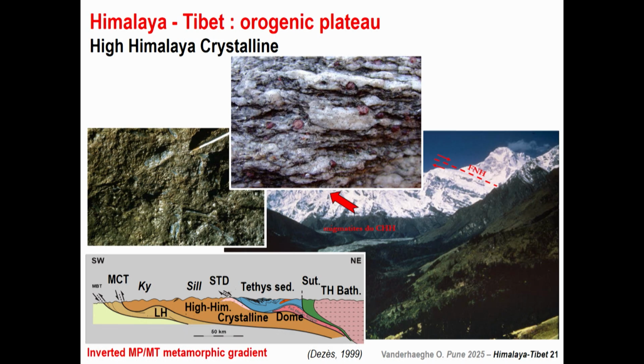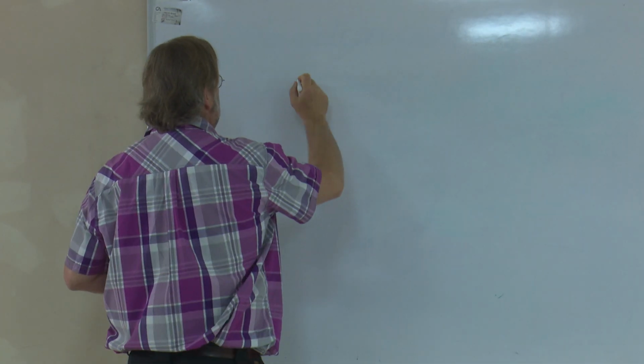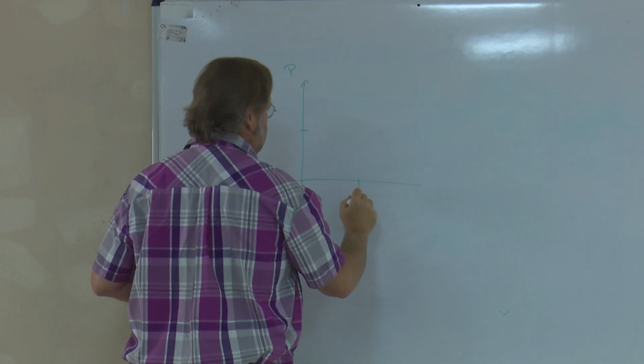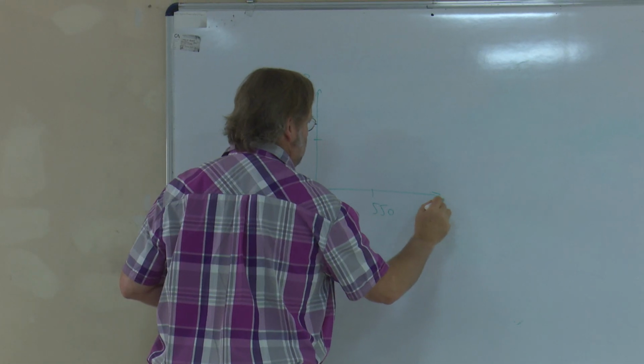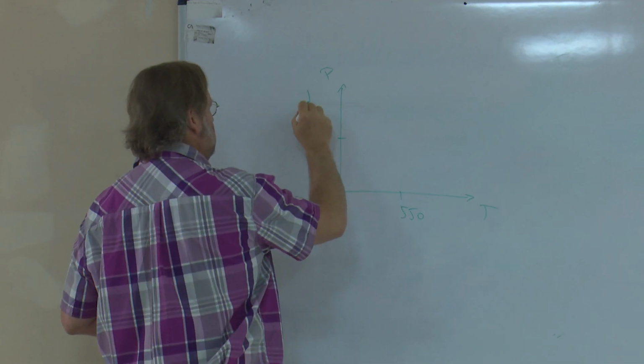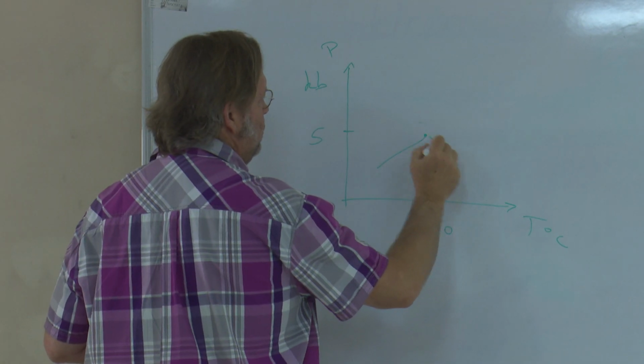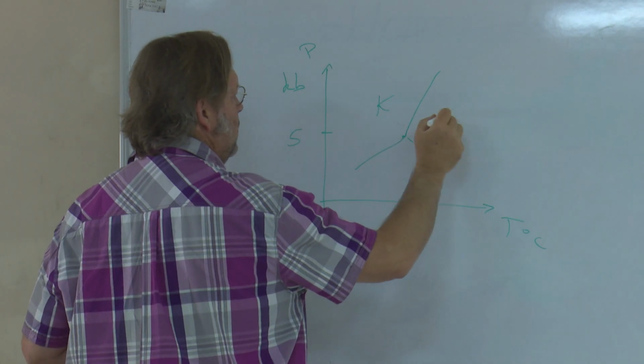So I can actually draw that. So it's somehow like this. Kyanite, sillimanite, andalusite.